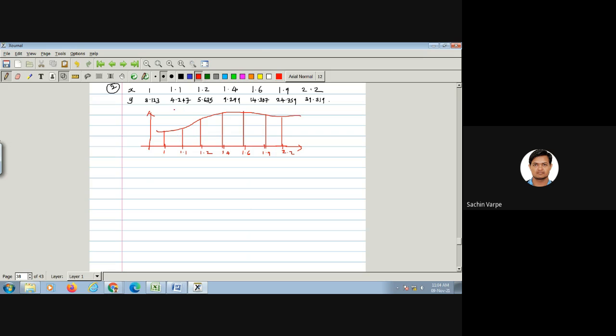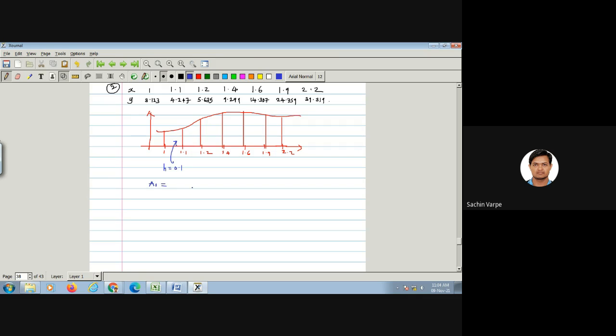Suppose, for example, in the first interval 1 to 1.1, what is h? H is 0.1. So what will be the area by the trapezoidal rule? What does the trapezoidal rule say? The area, say A1, suppose.